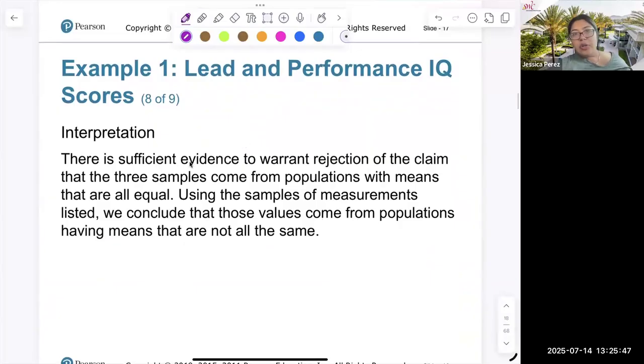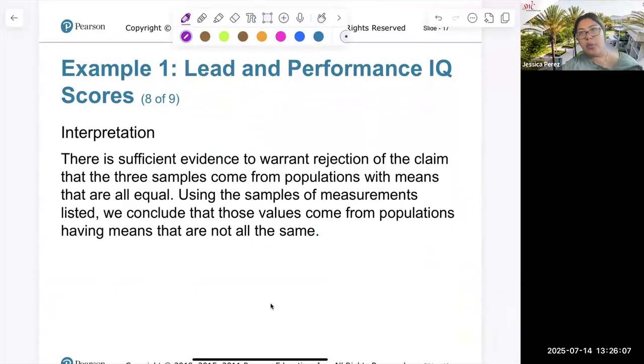So when we reject the null, we do have enough evidence to warrant rejection of the claim that the 3 samples come from populations whose means are all equal. So using the sample of measurements listed, we conclude that those populations have means that are not all the same.